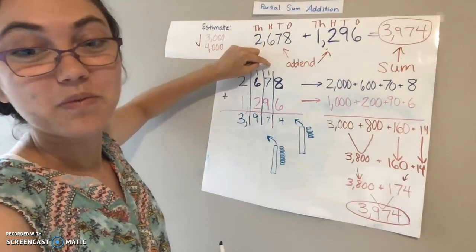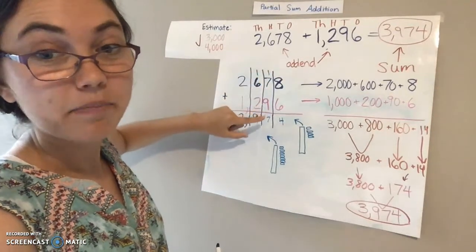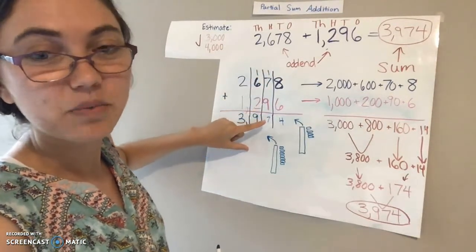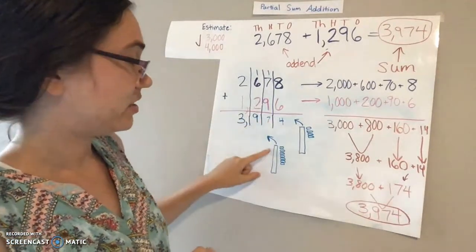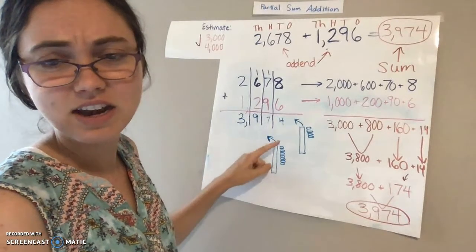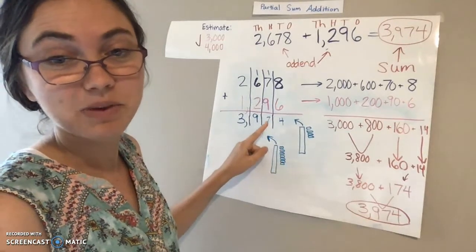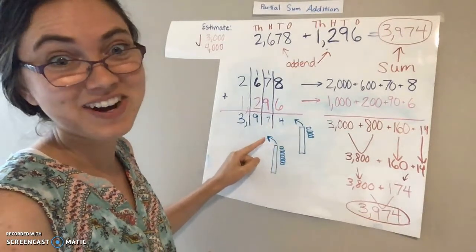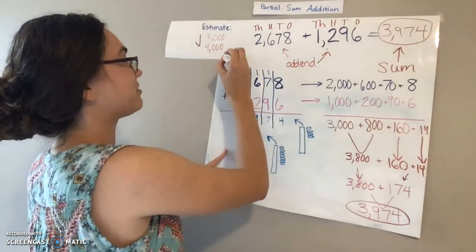Then we said 1 plus 7 is 8, plus 9 is 17. But we can't write 1, 7. We can only have 1 digit there, our 1s. So here was 17 represented with number blocks, the 10 and then 7 ones. So we can keep our 1s, but we've got to kick that 10 next door and regroup. So we've been doing lots of regrouping.